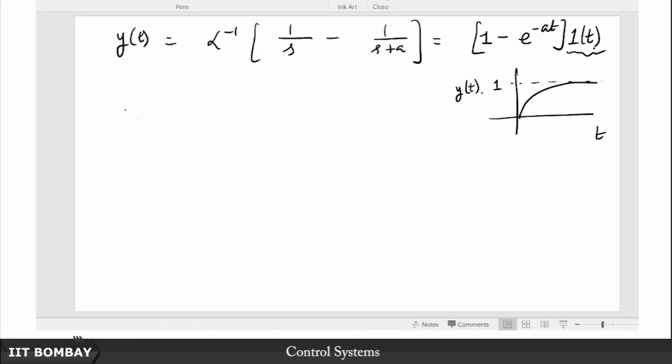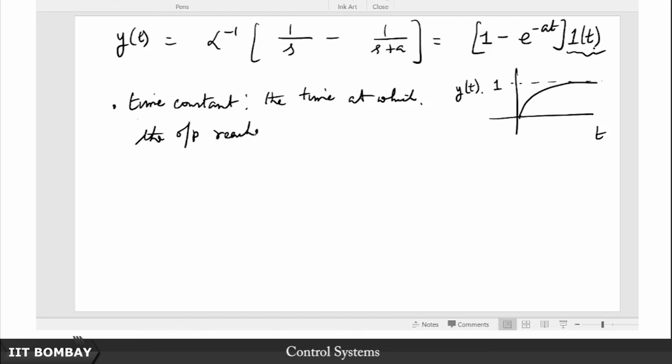The first thing that comes to mind in a step response for a first order system is something called a time constant, and this is defined as the time at which the output reaches 63% of its steady state value.